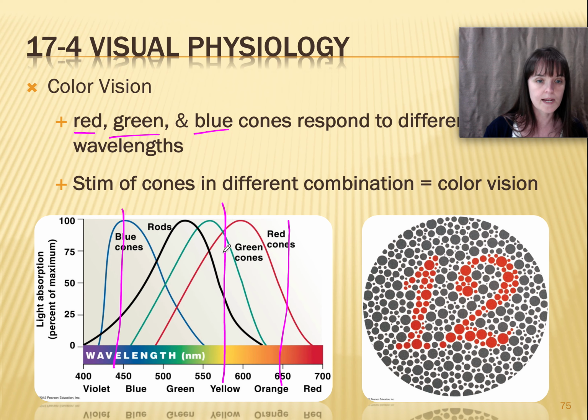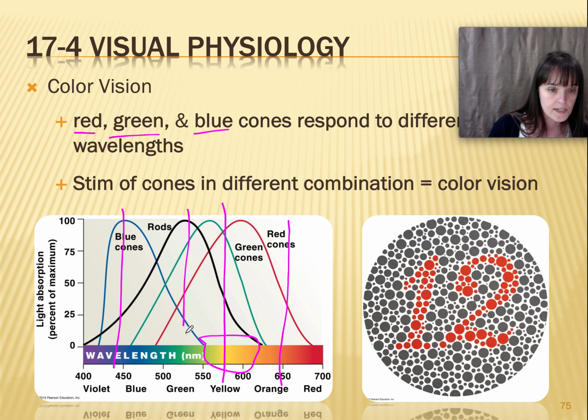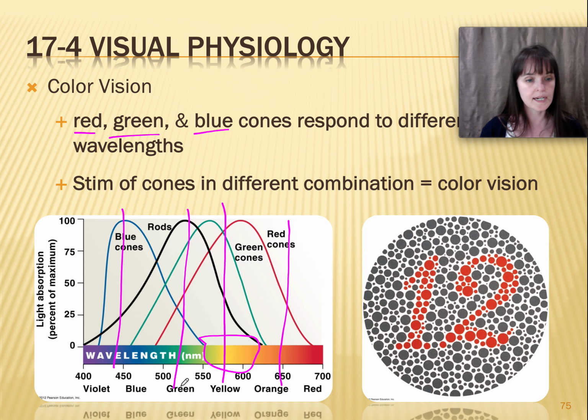If we activate red and green, then we're somewhere in this range. And here is the wavelength range where all 3 types of cones are activated. If all of your cones are activated at the same time, we interpret it as the color white, and black will be the absence of light.